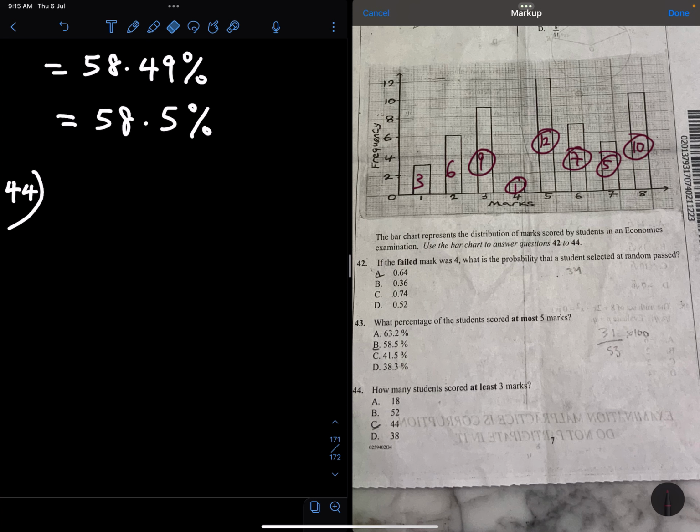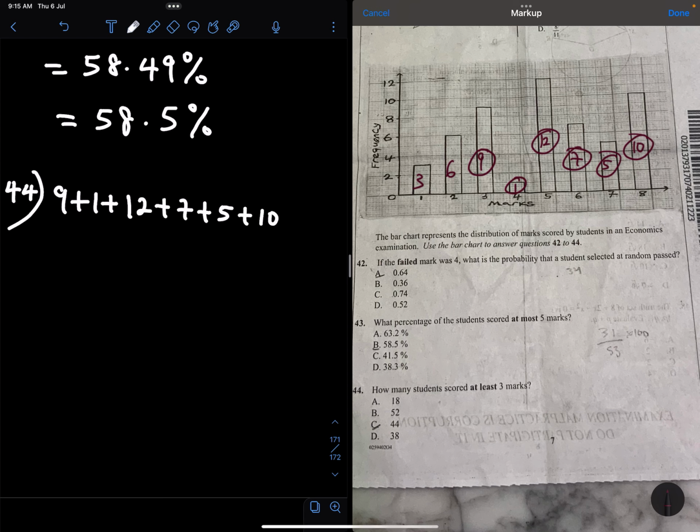So the number of students who scored at least 3 marks will be 9 plus 1 plus 12 plus 7 plus 5 plus 10.